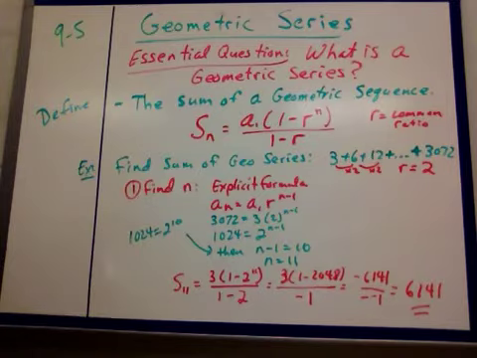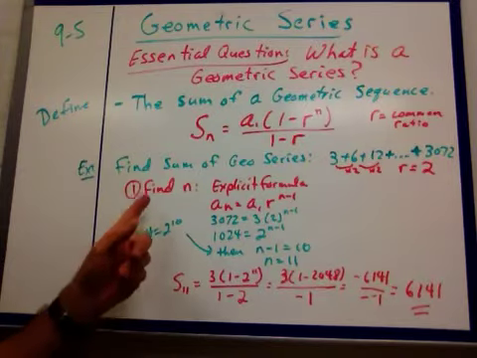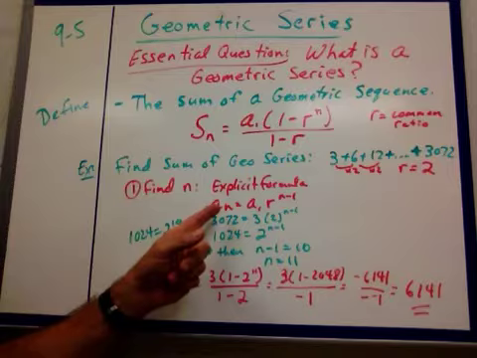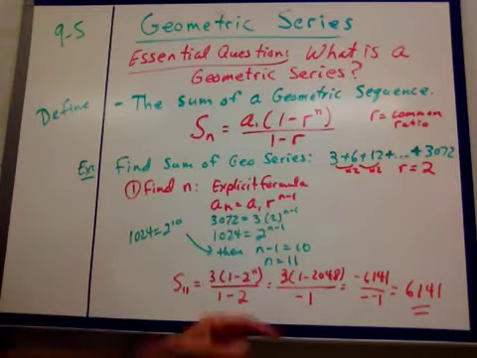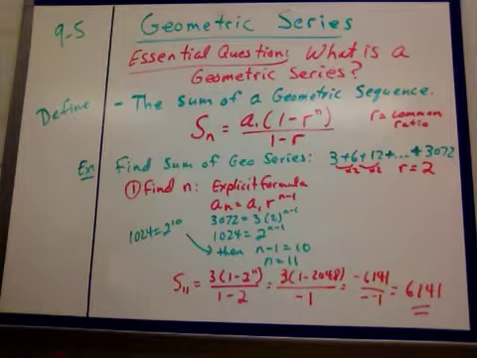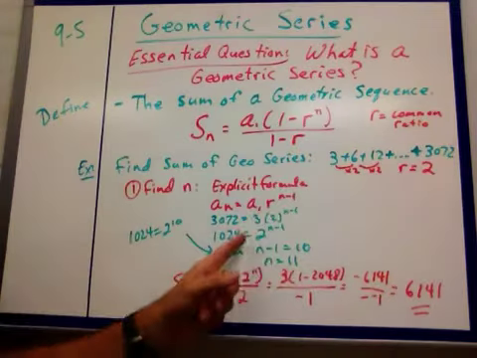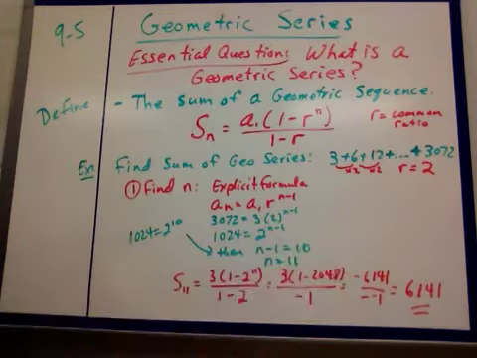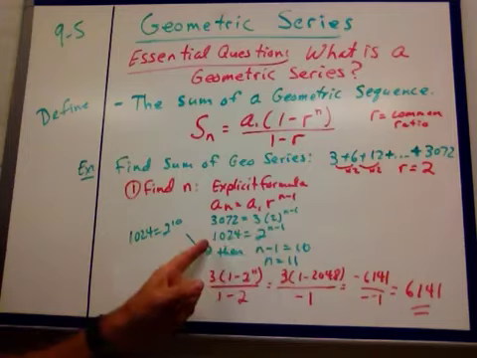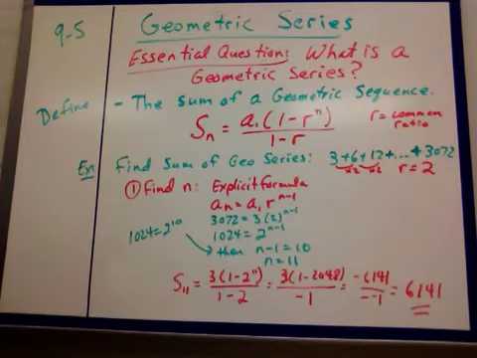So the explicit formula for a geometric sequence was a sub n equals a1 times r to the n minus 1. So I plug in my nth term. My a1 is 3, 2 is my r, we figured that out, and I got n minus 1. I divided out the 3, so I got 1024.